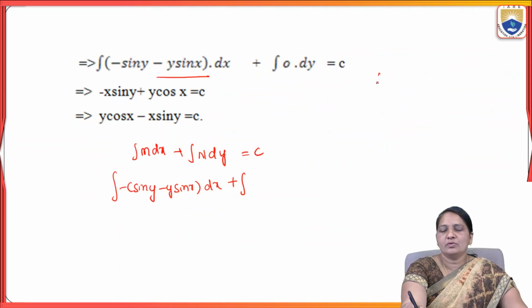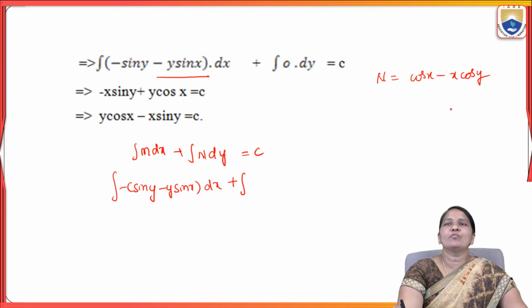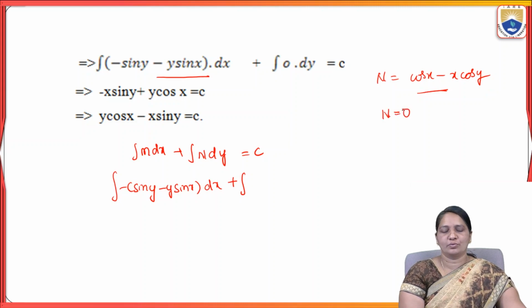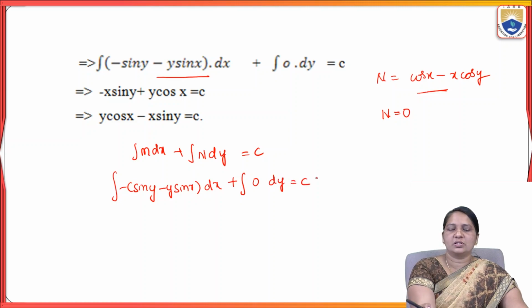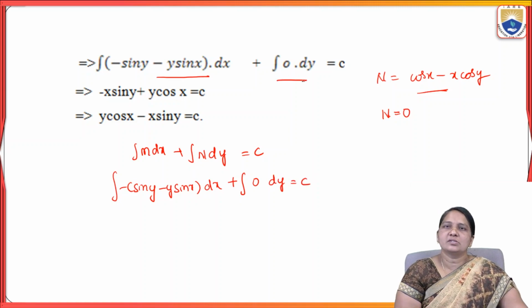Here, is there any term with only y? No, we don't have a y term, and there is no possibility to take the y value separately in the n. So that's why we will consider the n value as 0. So integral 0 into dy equal to c. That's why we wrote 0 here.